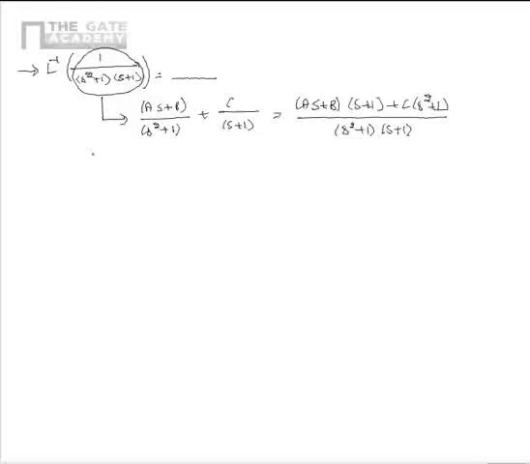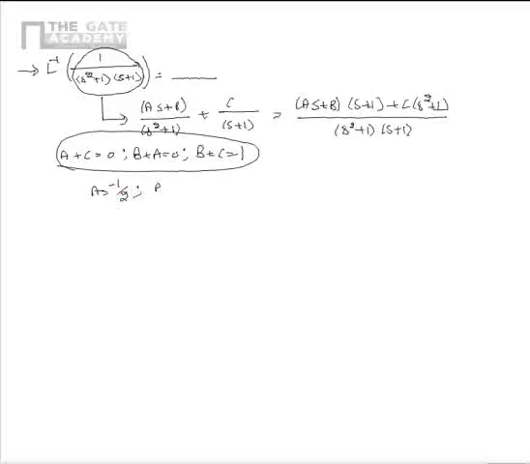Upon equating the numerator, as the terms containing s square and s are absent, we get that a plus c is equal to 0, b plus a is equal to 0, b plus c is equal to 1. Upon simplifying these three equations, we get that a is equal to minus half, b is equal to half, and c is equal to half.